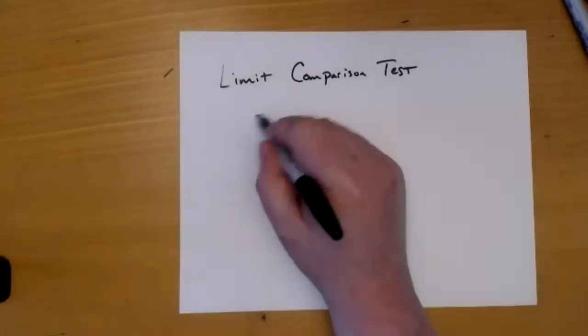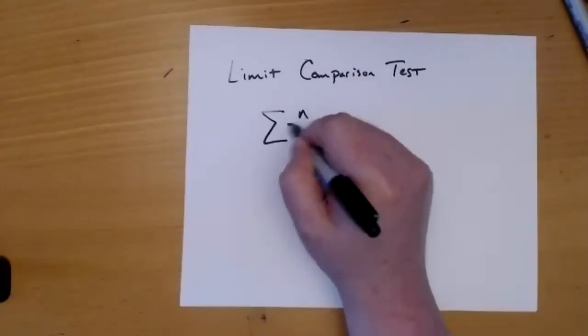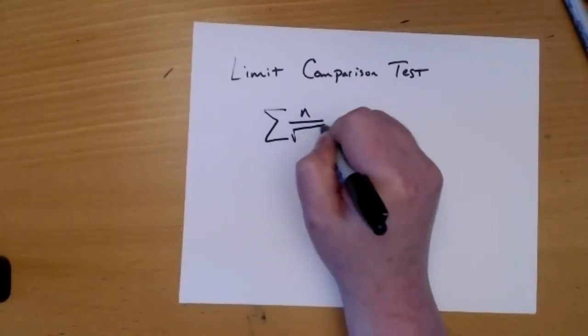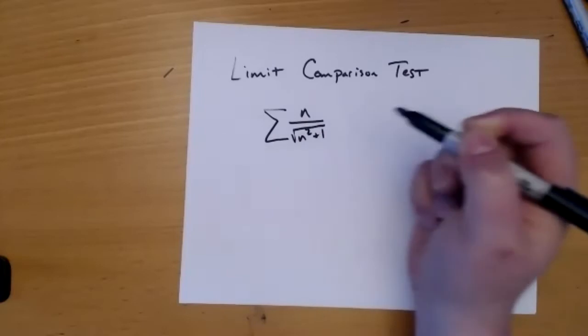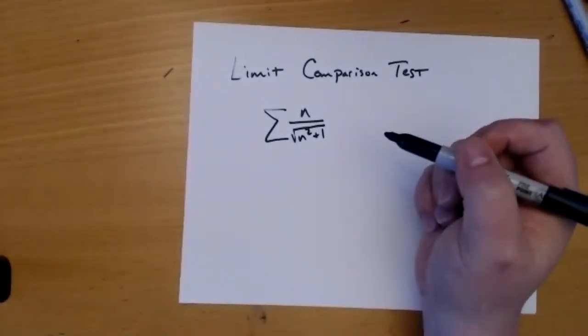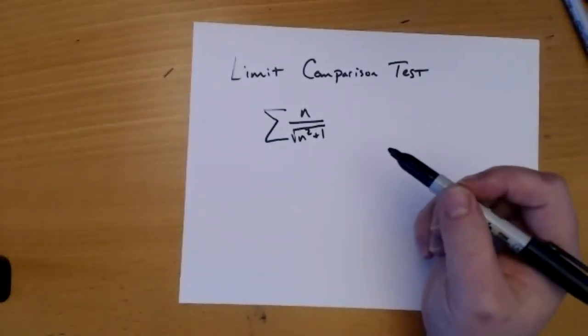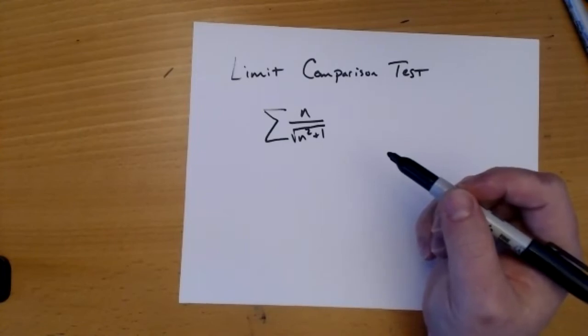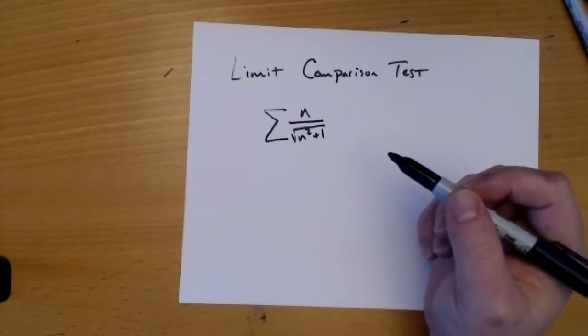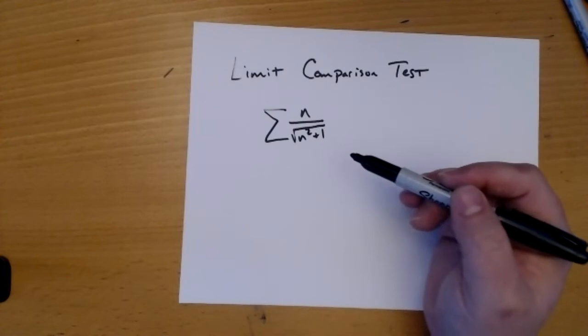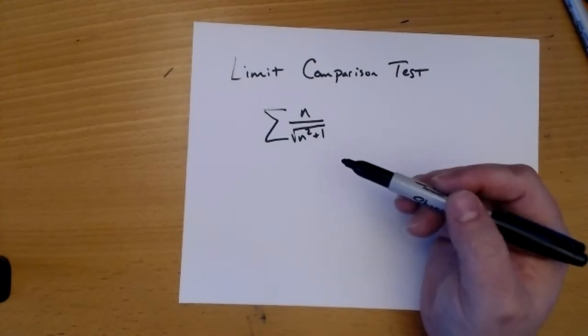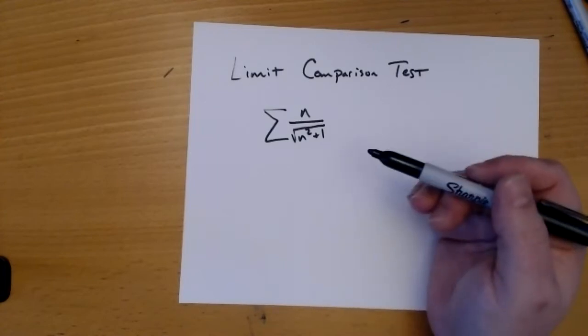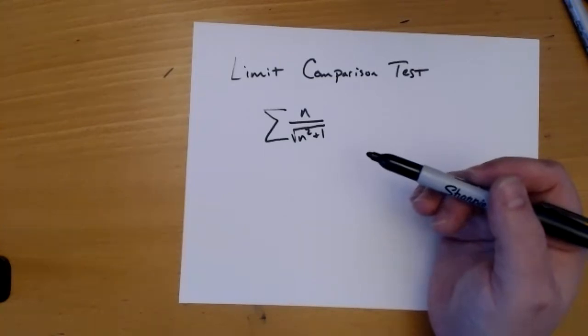I'll use the example we did a minute before: n all over the square root of n squared plus 1. When we looked at this a few minutes before, we did some algebra on it to try and get it to something that would basically fall apart.